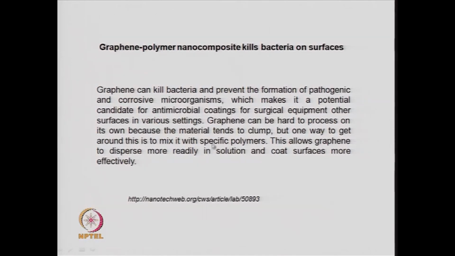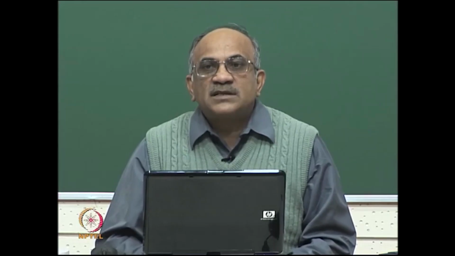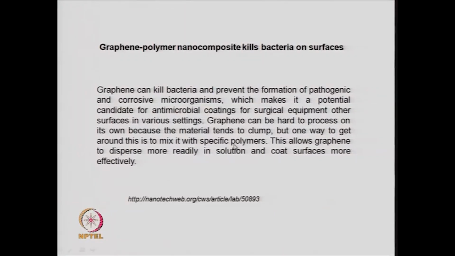And graphene can be hard to process on its own, because graphene tends to agglomerate or clump together, and hence one of the ways of getting around this problem of aggregation, or formation of these clumps, is to mix the graphene with polymers. You have to choose specific polymers, and the choice is such that the dispersibility is high.